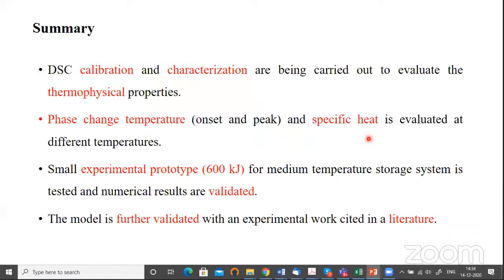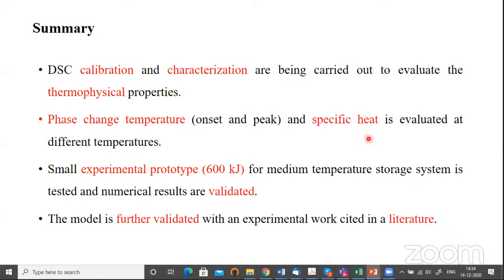Now coming to the summary of the first part, of course, we have done the thermal characterization, or estimation of the heat storage capacity, of that particular phase change material. We found that there is a difference in the onset and the peak temperature for both the melting and the solidification. And of course, the specific heat is also evaluated for different temperatures.